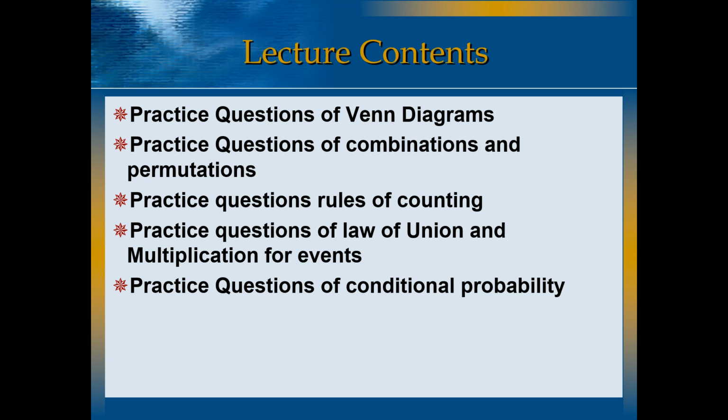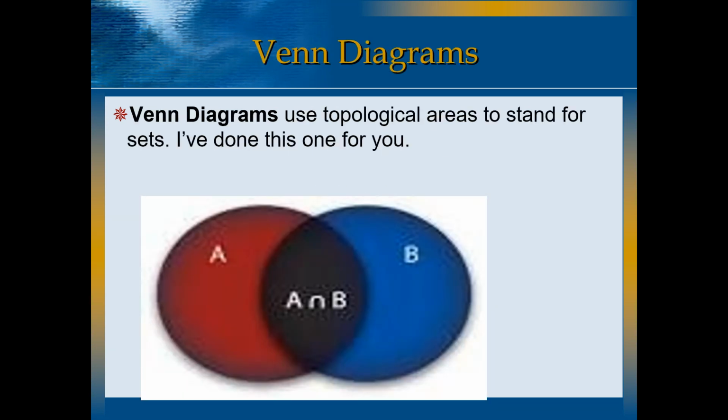By the way, if you want to revise these concepts, like what are Venn diagrams, what is meant by combination and permutation, and these basic concepts, before watching this lecture video, it's highly advisable that you watch the earlier videos in this probability playlist. Okay, so without further ado, let's start practice questions on Venn diagram.